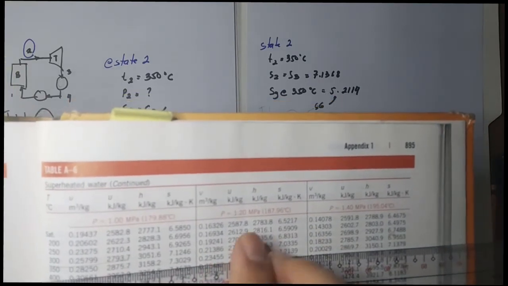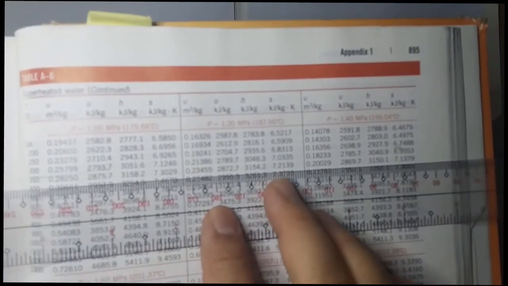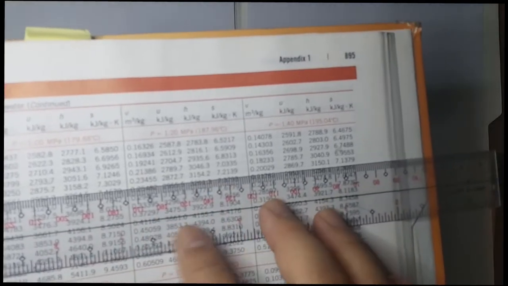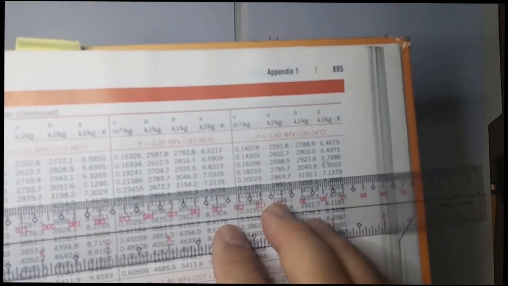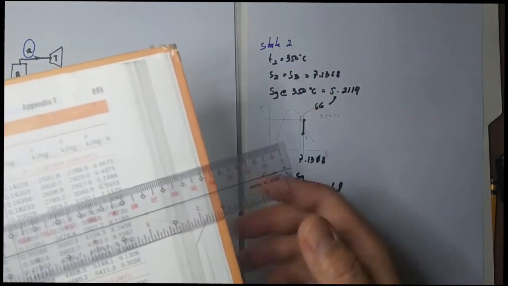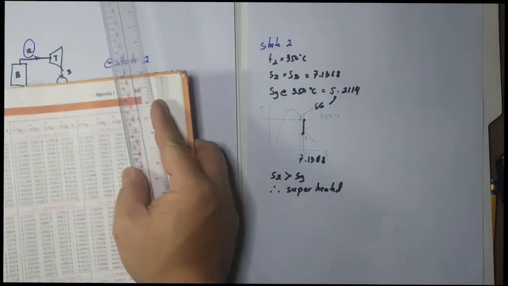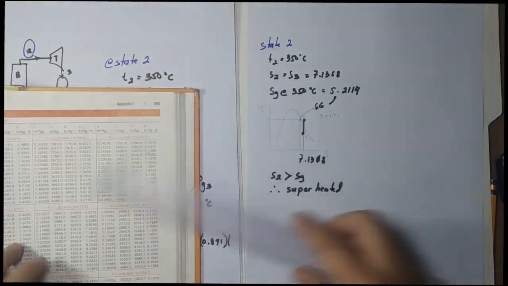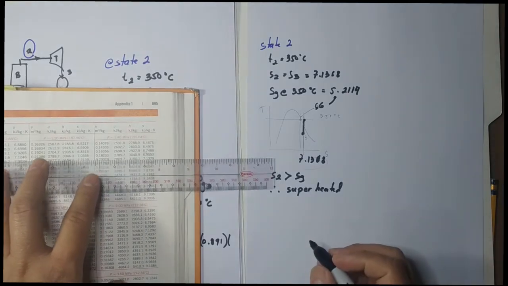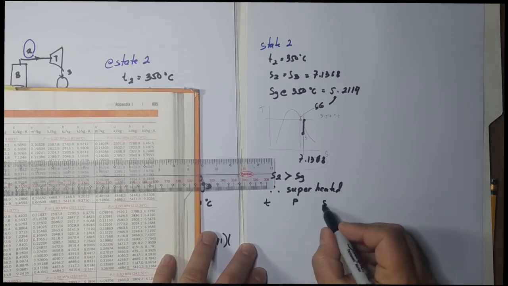Pagdating dito, sa 1.2 pressure, yan, bumababa, 7.21. Pero hindi pa rin siya sakto. Pagdating dito sa 1.4, ayun, 7.1379. Pero hindi sakto, dapat sakto tayo. Although malapit na, kaya lang sa subject natin dapat sakto. Okay? Again, sa pagkakaread ko, temperature, then pressure, then entropy.